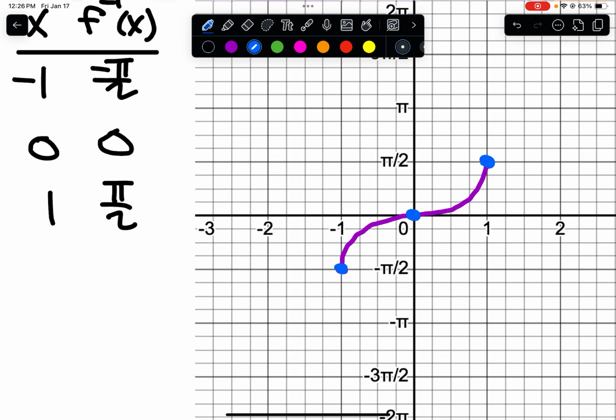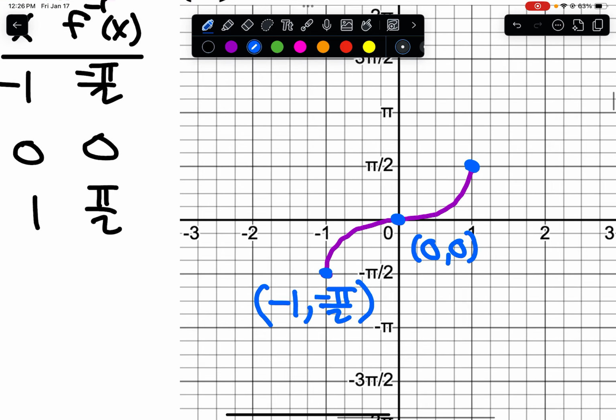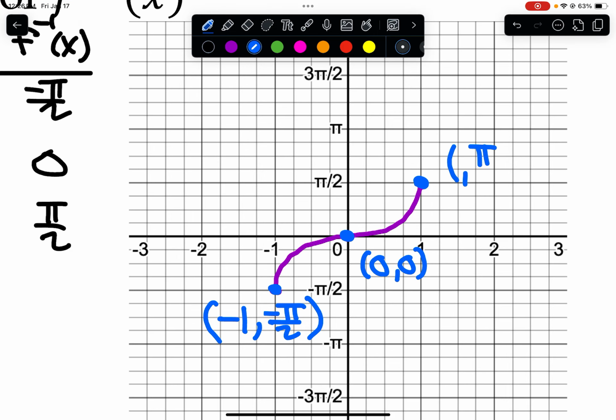So now your coordinates here are going to be negative 1, comma negative pi over 2, 0, comma 0, and then 1, comma pi over 2. Okay, and then I'm going to also label the concavity to give you a better idea, so that you can hopefully use this page as your reference page if you ever need it.